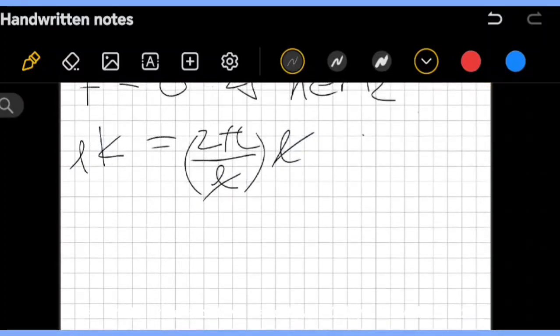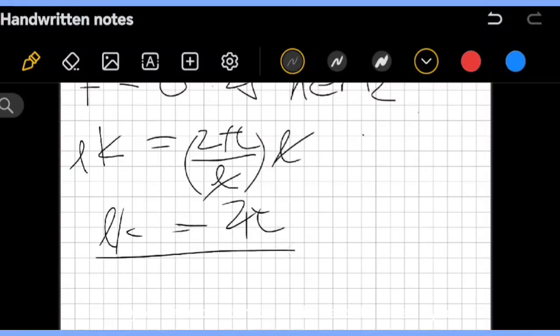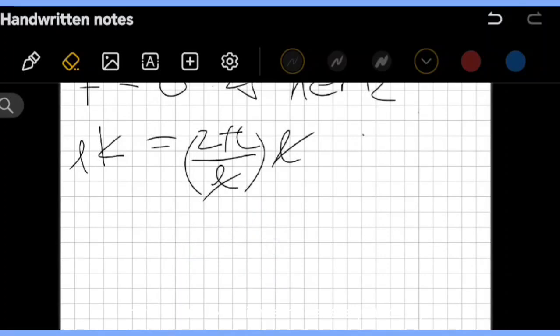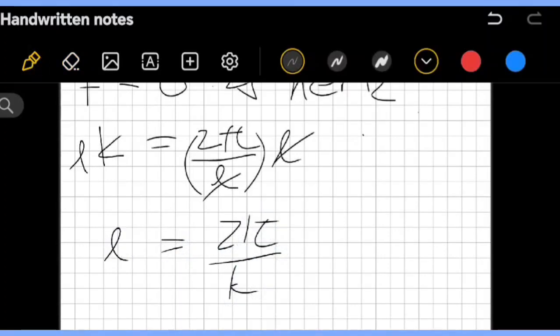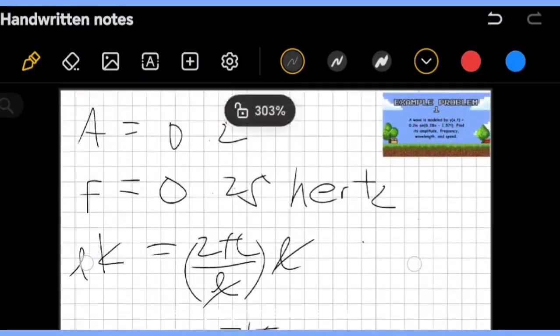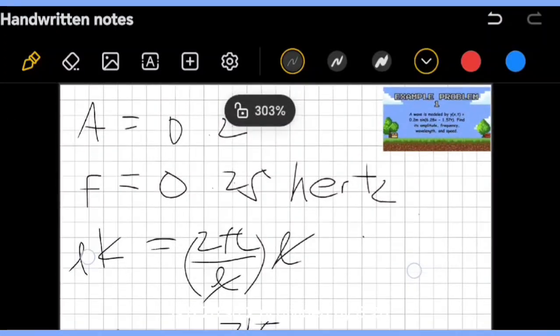We're left with lambda k is equal to 2 pi. And to get lambda, all we have to do next is divide both sides by k. That cancels out. Now we're left with lambda is equal to 2 pi over k. And plug in the values. Our k, according to our equation, is 6.28.